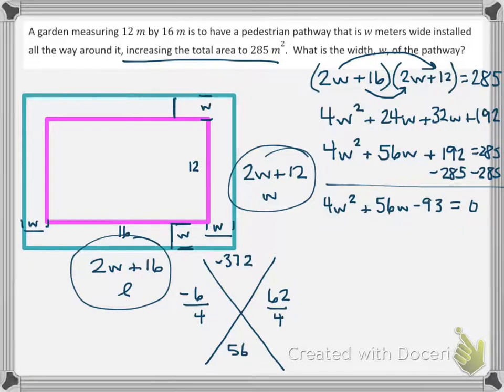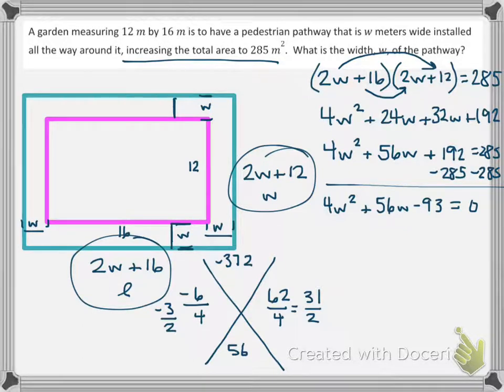If I simplify, I would get a negative 3 over 2 on the left side. And over here, 62 divided by 4. No, but 62 divided by 2 I could do. So this is 31 over 2.